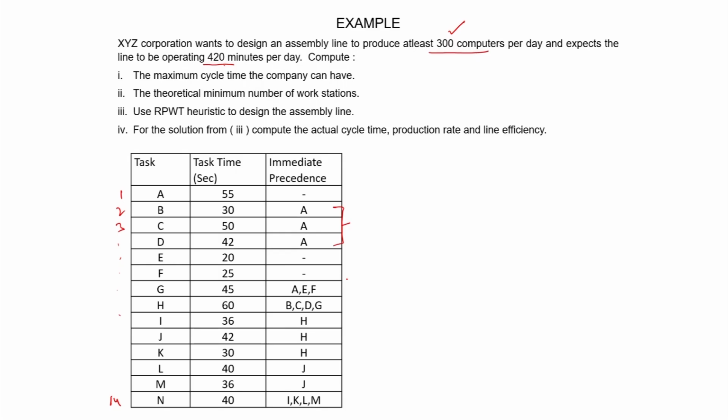For that we have to find the total time. These are nothing but the Ti, the task times of A, B, C, D. If we sum up all the timings together, the summation is equal to 551. We can total this: 55 plus 30 plus 50 plus 42 plus 20 plus 25 plus 45, and so on up to 40.